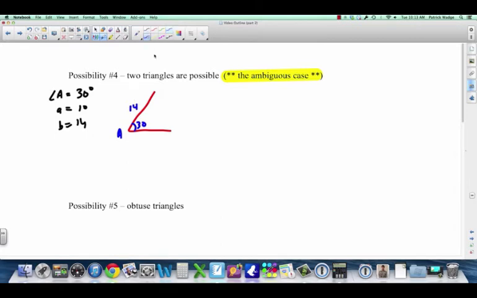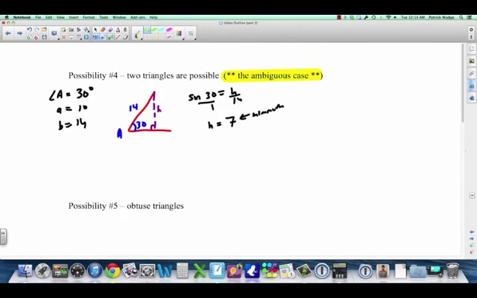And you want to know what's the minimum amount I need in order to make at least one triangle. So you draw this, call it h, and you would do the same thing. Sine 30 equals h over 14, and it's just like the ones we did previously. It's h equals 7. So we need 7. This is our minimum we need in order to make at least one triangle.